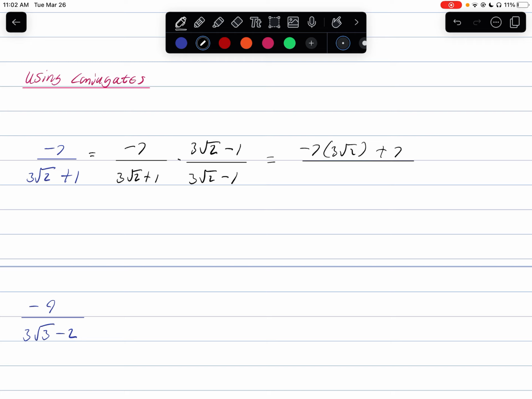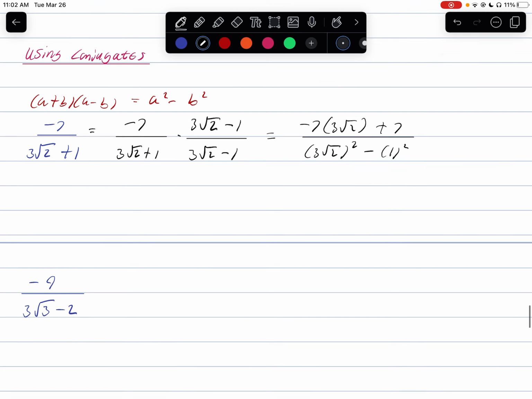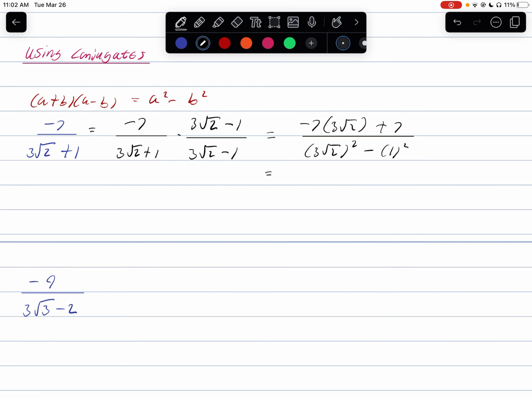And then in the denominator, remember, if we have a plus b times a minus b, this is equal to a squared minus b squared. We will end up with 3 times the square root of 2 squared minus 1 squared. In the numerator, we can pull out a 7. So we have 7 times negative 3 times the square root of 2 plus 1.